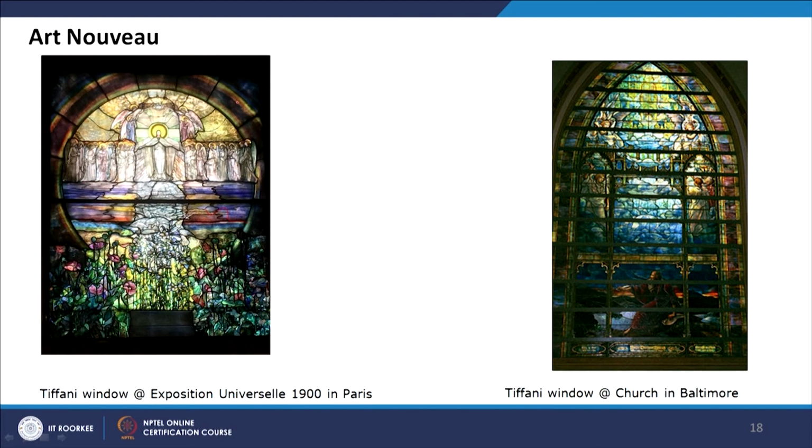This is one of the Tiffany windows which won at the same exposition in 19th century Paris. He won the gold medal for this display of the window. This is another Stefani window. You will see a lot of different kinds of colors, gradient colors and paintings, and again some lines in the biomorphic fashion. You will see here, this is in a church in Baltimore.